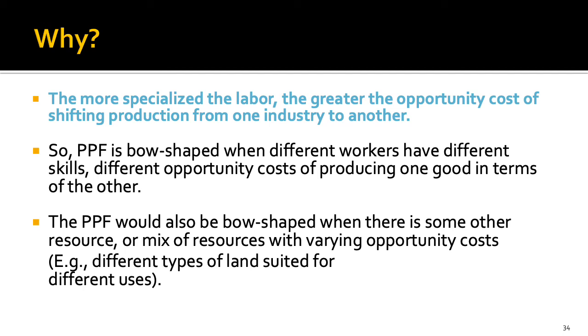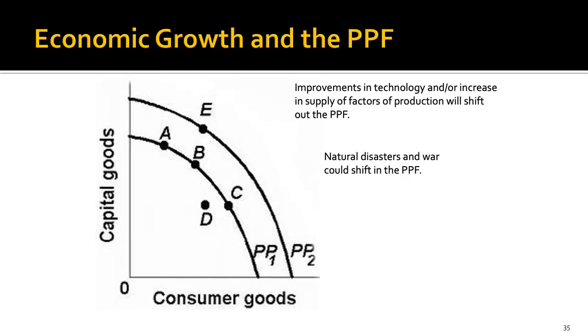So think of different lands that are suited for different uses. For example, land that's really good at producing citrus may not be very good at producing something like winter vegetables or coffee or something like that.